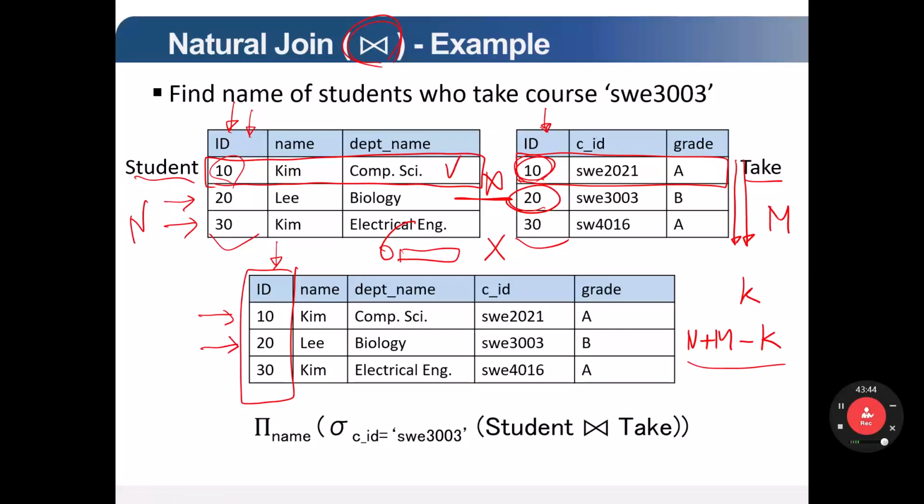Therefore, we eliminated one column in this output table so that we don't have two duplicate ID columns. We currently have 3 attributes and 3 attributes. If you look at this bottom table, we have 5 attributes. It is because 3 plus 3 minus the number of common attributes, which is 1.